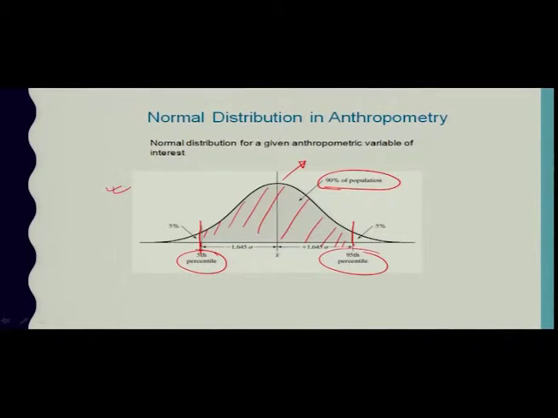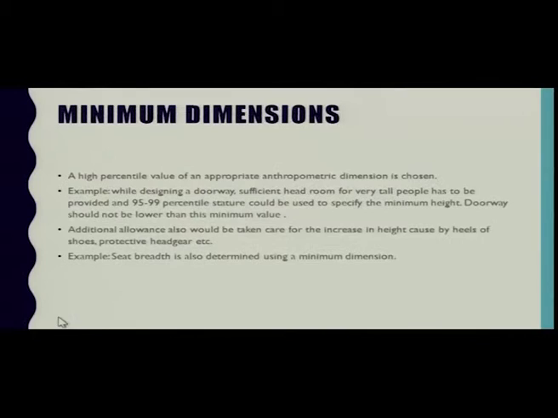For a detailed understanding of this curve, I have covered the normal distribution explanation in a lecture of anthropometry, so you can revise that lecture. In a nutshell, the data can be chosen from that curve on the basis of minimum dimension and maximum dimension.